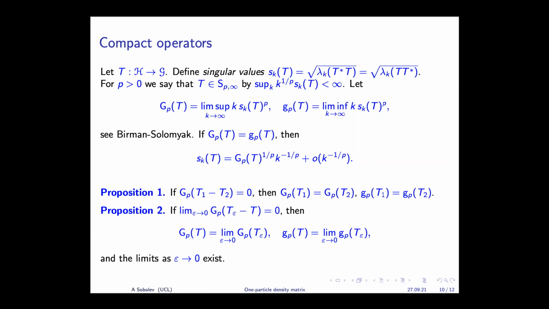The singular values of the error will decay at the same rate, but if you take a better approximation, smaller epsilon, right? This is the approximation. This is the operator that you want to study. So if you take a better approximation, the contribution of the perturbation will tend to zero, and therefore you can use this formula.